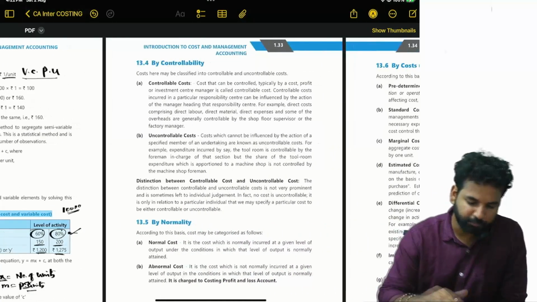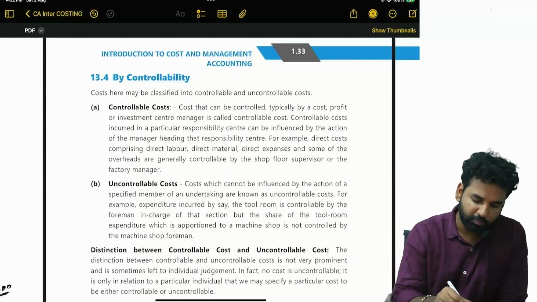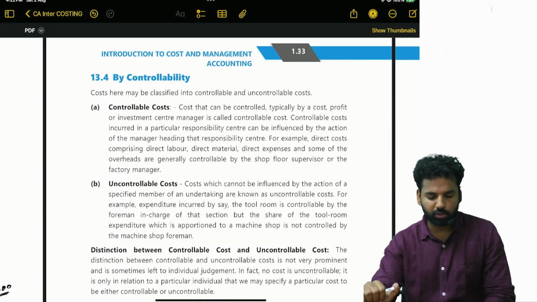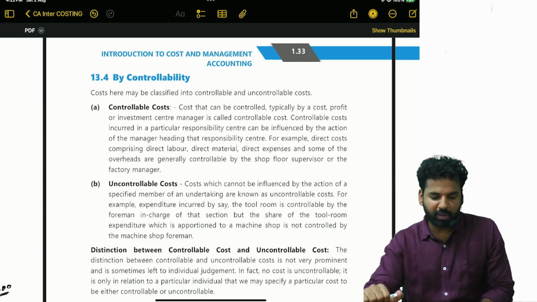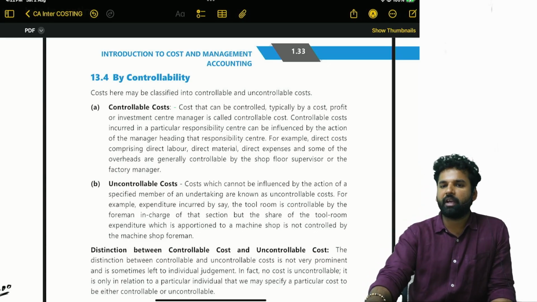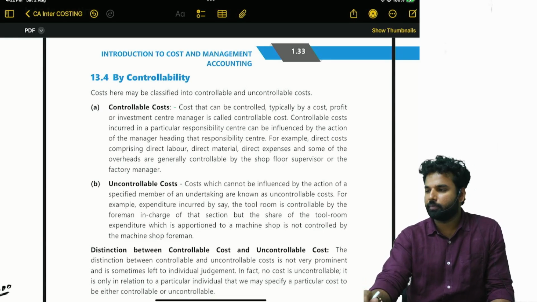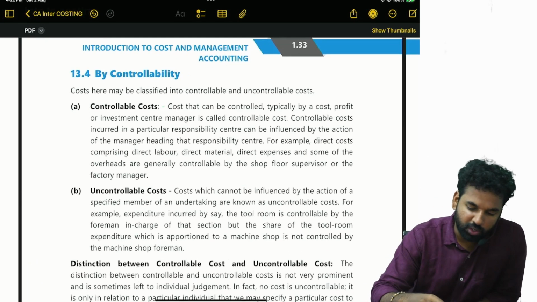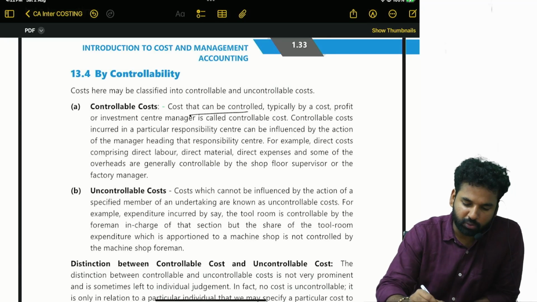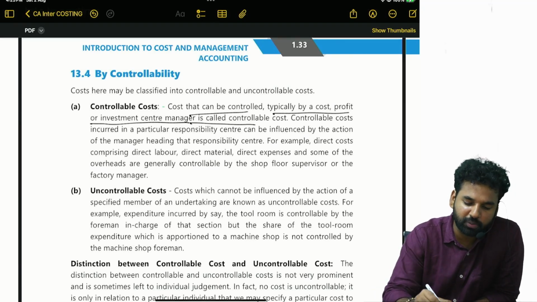Okay, great. Now we are segregating the cost based on controllability. Controllability means whether the manager can control the cost or not, whether it is in the hands of the management or not. A cost that can be controlled by the cost, profit or investment center manager is called a controllable cost.